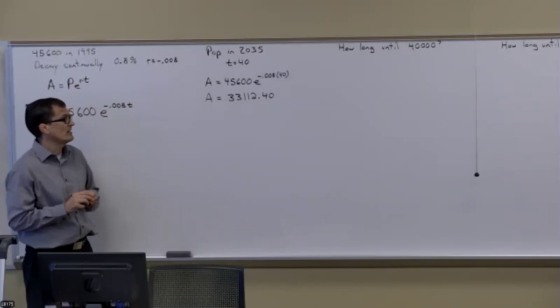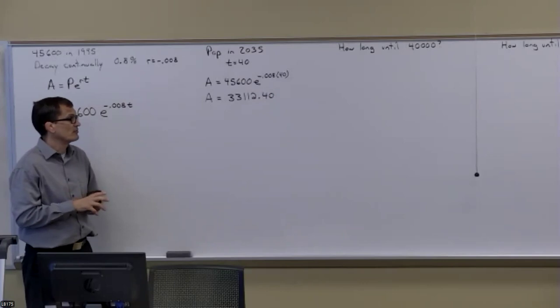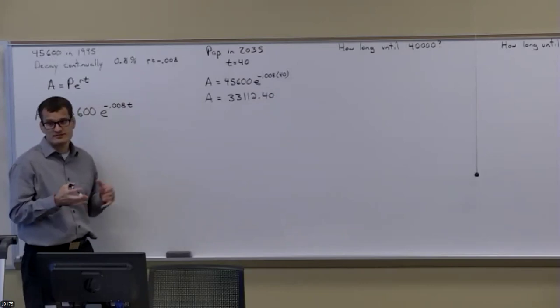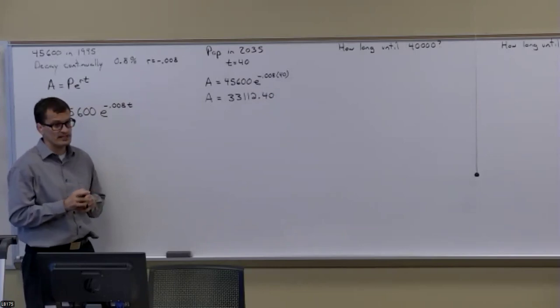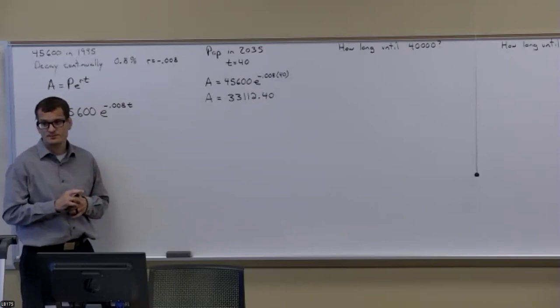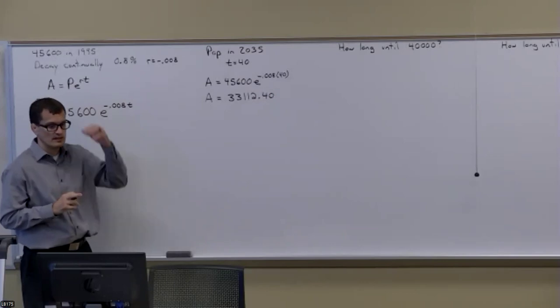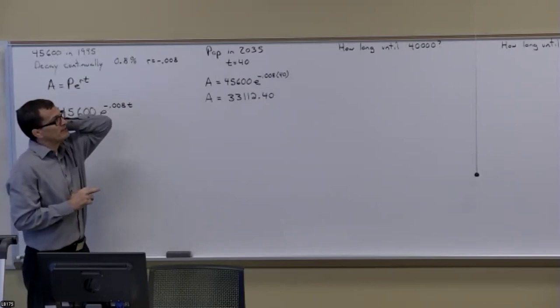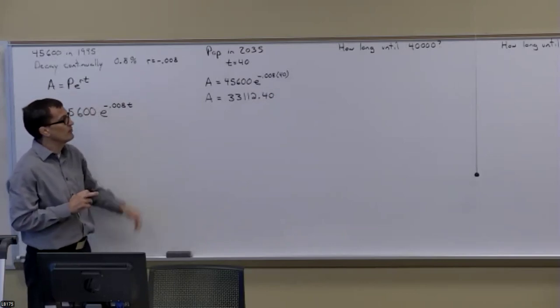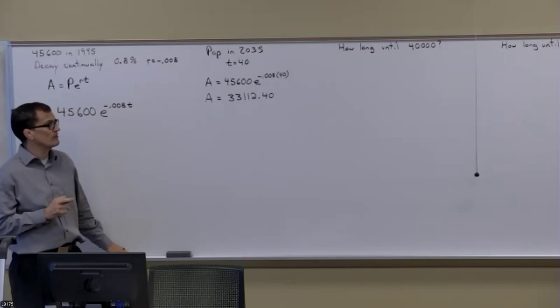But on the other hand, this is also a projection, and we know those projections don't always turn out to be nice whole numbers. So the population in 2035 would be about 33,112 people.